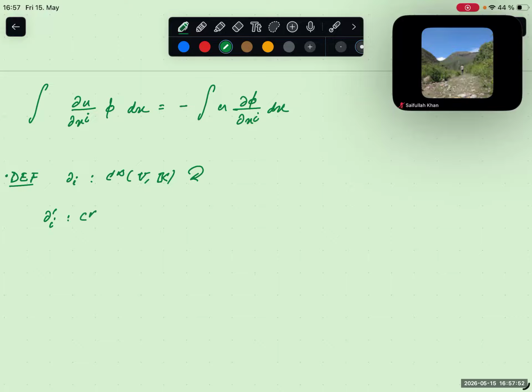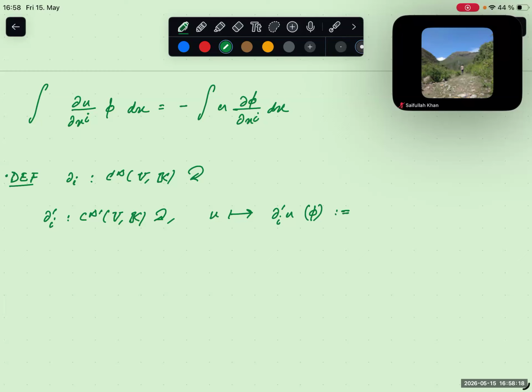How? A distribution u to k, and how does it act? You take an element u of this distribution, and map it by du. This is again a distribution, and then you smear it with a test function.